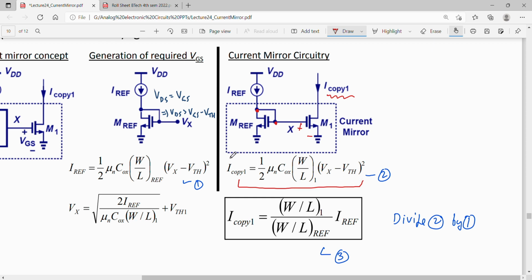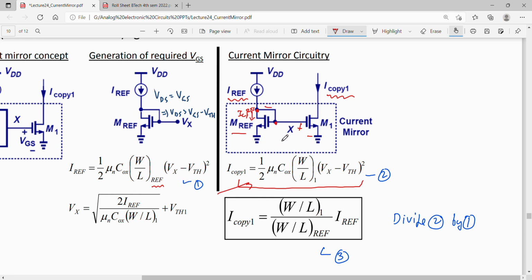Similarly, I can write Iref, assuming that the current flowing into this reference transistor is equal to Iref, because gate current is 0 in this case. So Iref will be equal to the drain current of the reference transistor. I can write Iref in saturation for this transistor, again using the same relation: mu n CoX W by L of reference transistor divided by 2 (VGS minus VT) whole square.